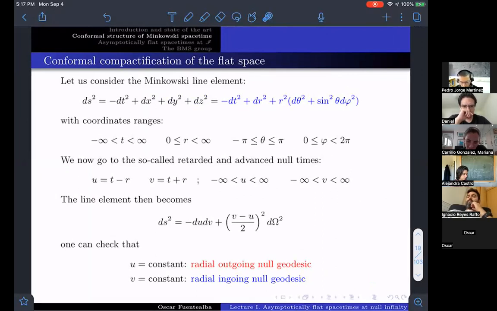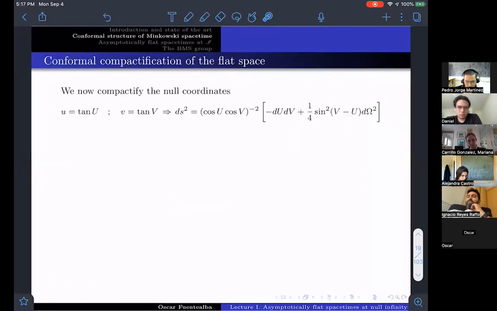In one case, with u constant, you obtain a radial outgoing null geodesic, and in the case where v, the advanced time, is constant, you obtain the radial ingoing null geodesic.